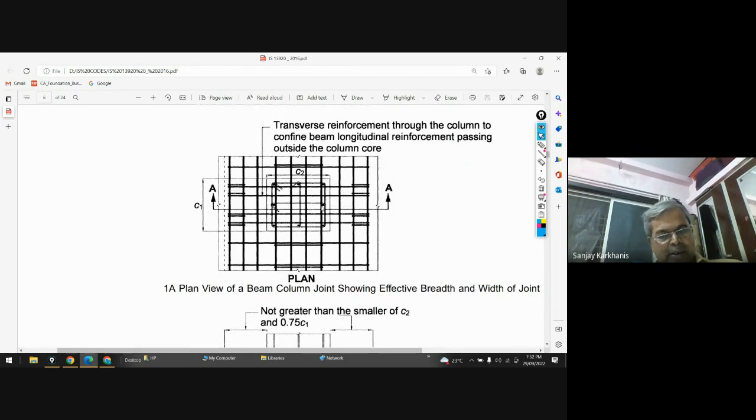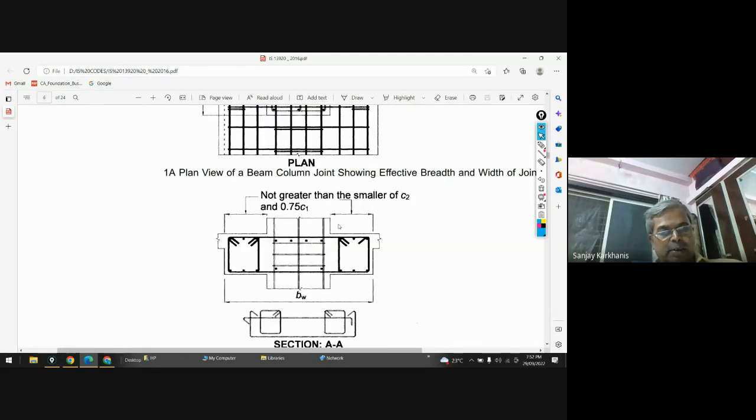Now this is the plan, and in the beam you can see the reinforcement has been provided in such a way that it will effectively transfer the entire shear force or top moment to the column, provided you are not exceeding these limits.